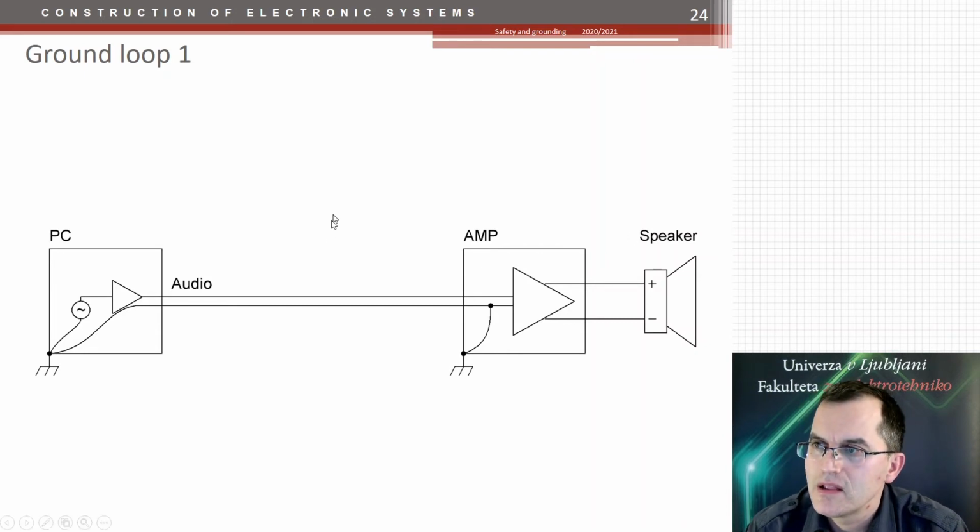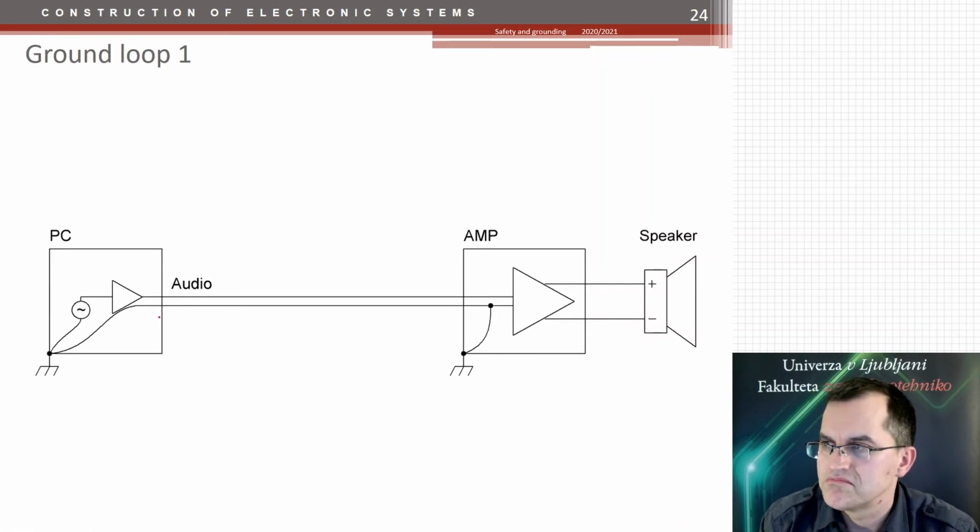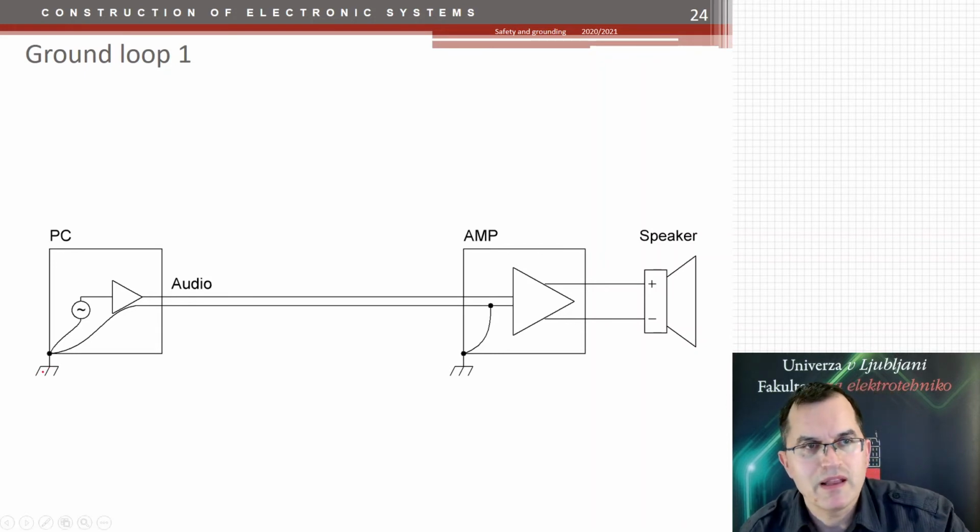Let me show you a useful, everyday example. You have a PC and you have an audio output of your PC, and your PC is grounded because you have a 3-terminal plug for your PC. Even if you're using a laptop, many laptops nowadays have grounded power supplies.